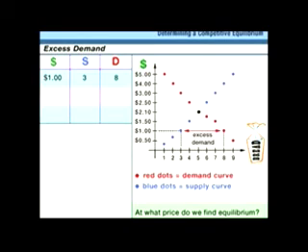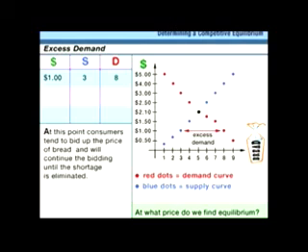Now, when there is excess demand, the bidding mechanism takes over. The bidding mechanism is the process by which unsatisfied buyers try to bid up the price of bread to guarantee that they get some. After all, we've got 8 loaves of bread demanded here and only 3 loaves of bread supplied. We've got 5 loaves of bread excess demand.